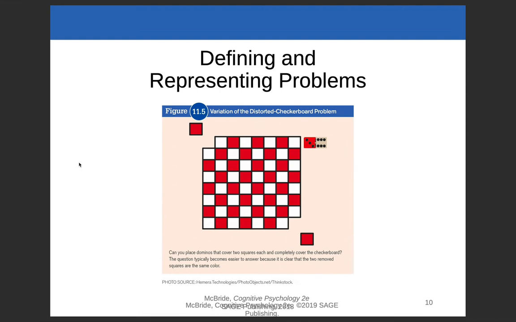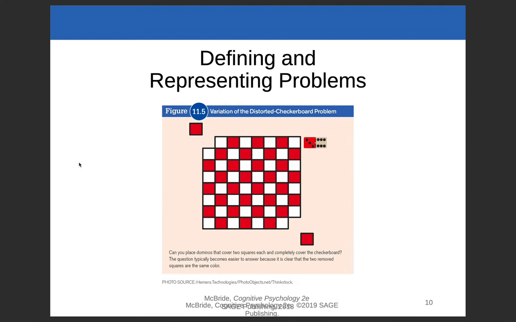Well, if you remove two of the squares, that means you end up with 30 red squares and 32 white squares. Because remember, a checkerboard is made up of 64 squares, right? So 32 and 32. So if you do this removal like this, you end up with 30 red squares and 32 white squares.